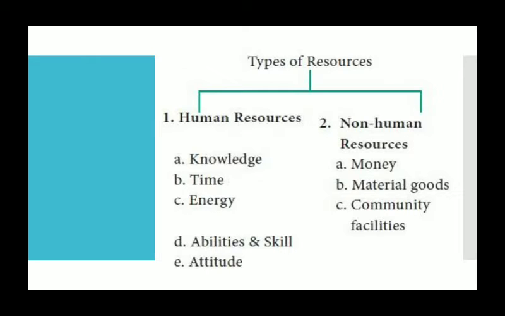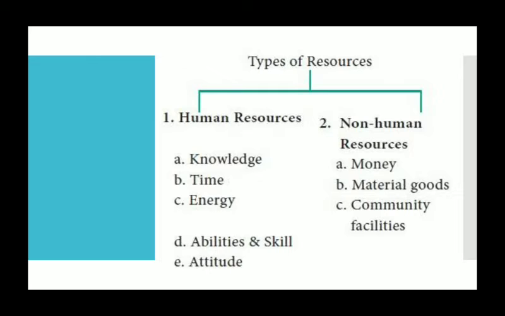As you know, without knowledge, it is not possible to utilize any resource. Every resource is being used at a time, and for every utilization, we need energy, abilities, skill, and attitude. These are called the resources which are available in human beings. So, these are called human resources.